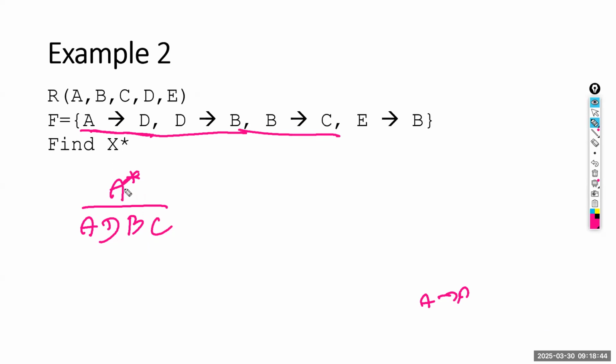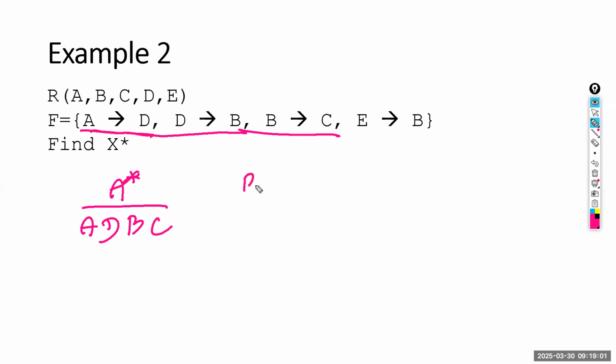So therefore, A closure is A, B, C, D. Do you agree? Or do you have any questions? So that is my A closure. That means A determines A, B, C, and D, but not T.